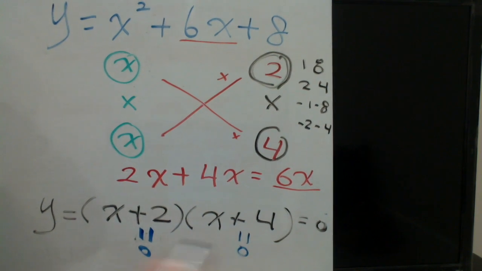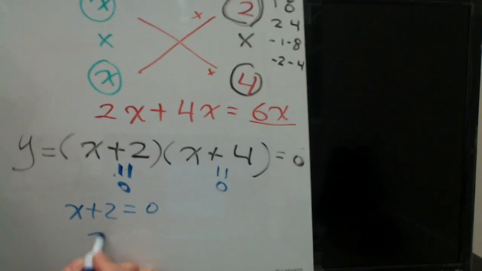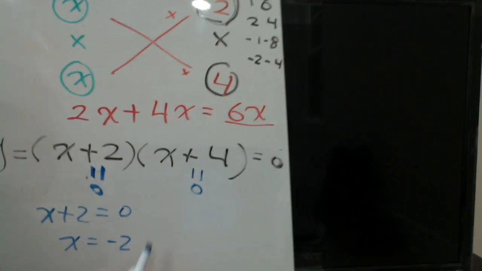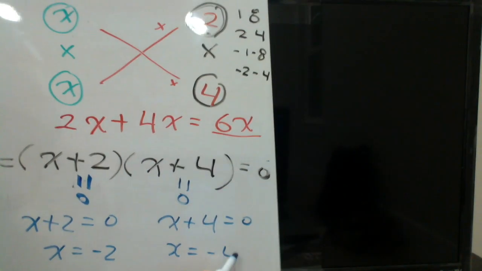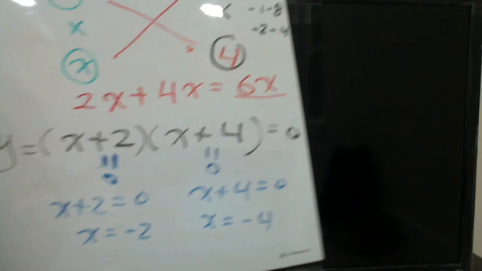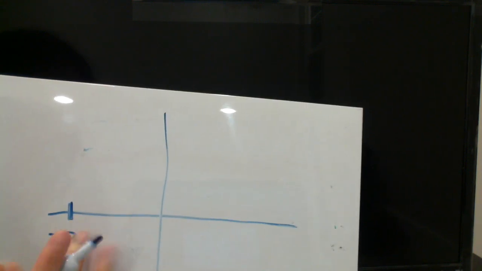So x plus 2 is 0 means x is -2. Or x plus 4 is 0 means x is -4. So now what do we do? We need to draw a graph. I think in the actual test you can use hopefully the calculator. So -2, -4.